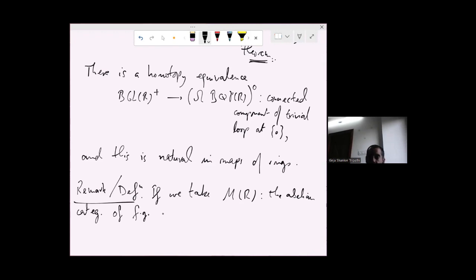These are any finitely generated R modules, abelian, and hence an exact category.